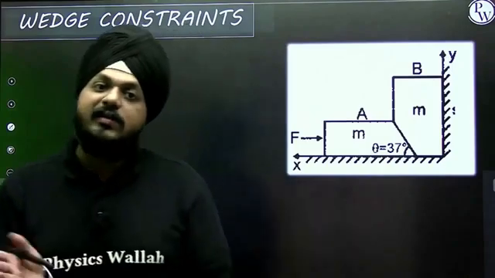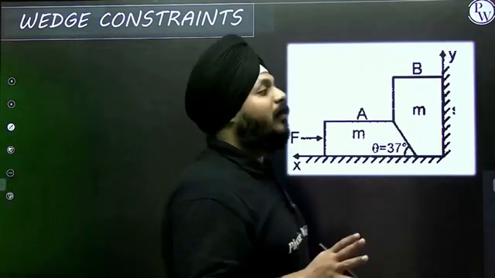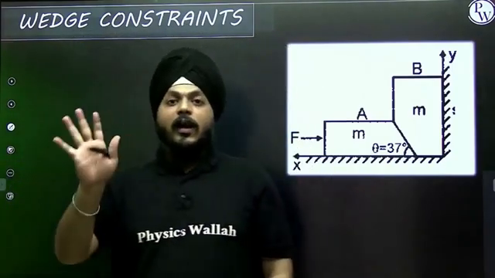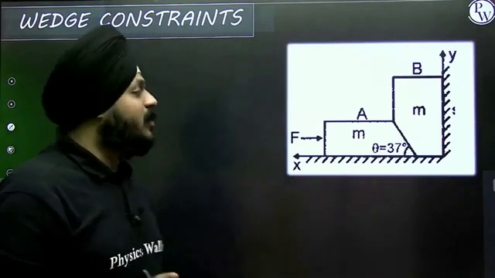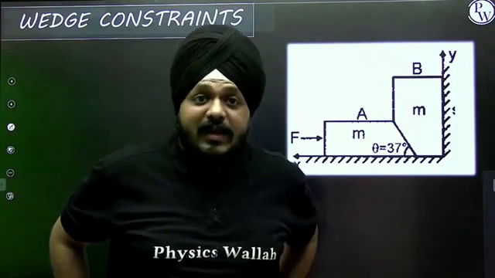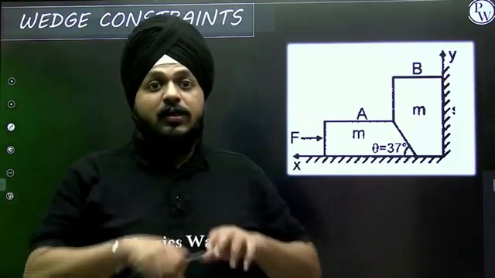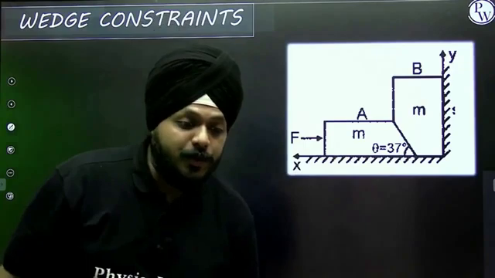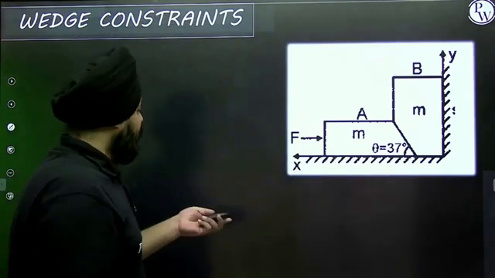Like the general constraint has one main concept, sigma T dot dA, the wedge constraint also has its Brahmastra. As I said before, take the two strings from the previous question, a very simple example.